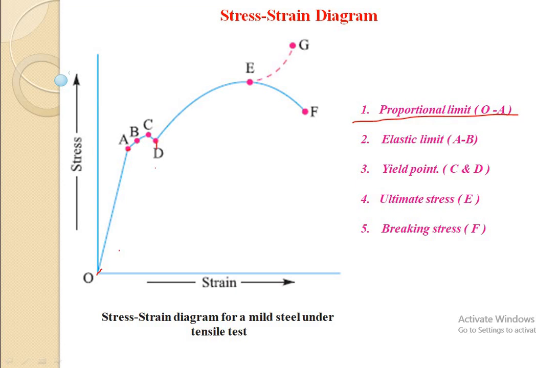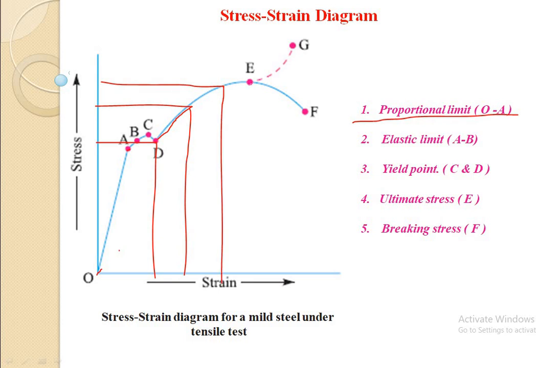Look at this. This is the value of strain at this point and this is the value of stress at this point. At this point the material gains strength and there is an increment in stress. And this is the maximum value of stress, and this is the corresponding value of strain.